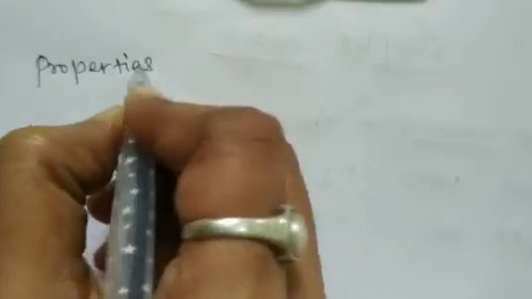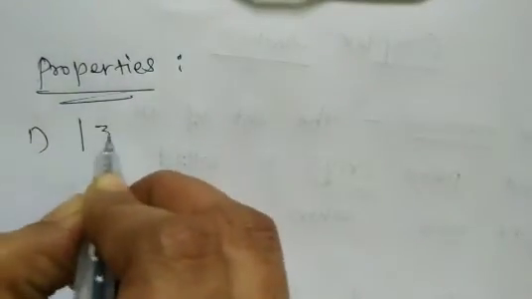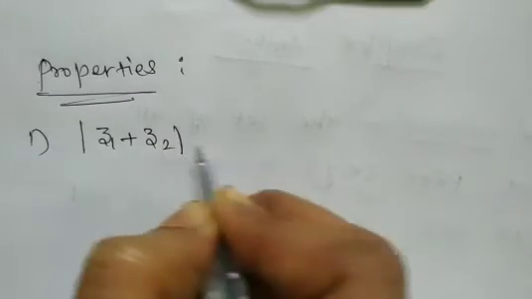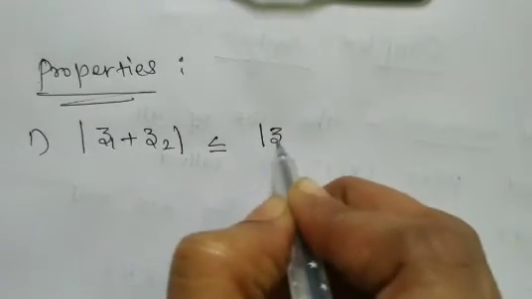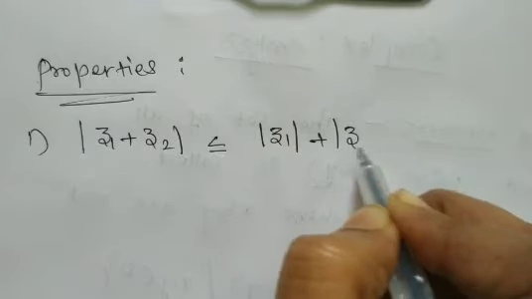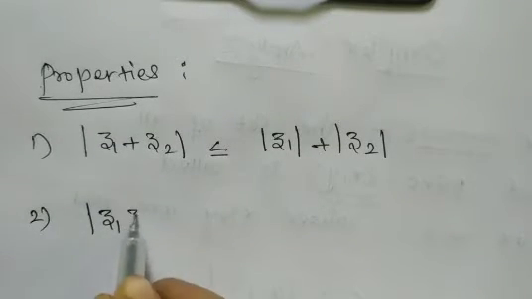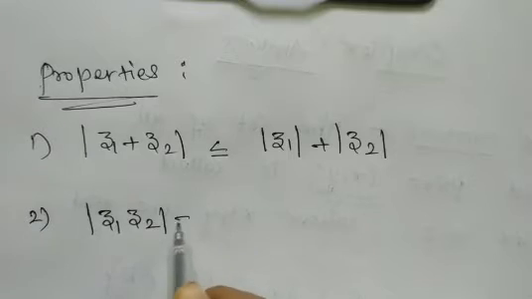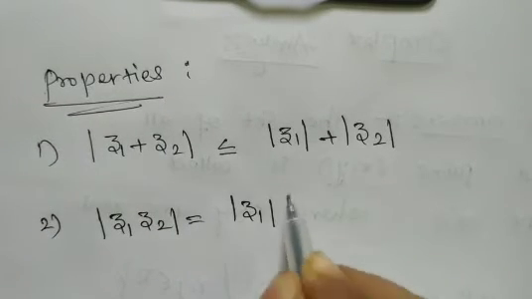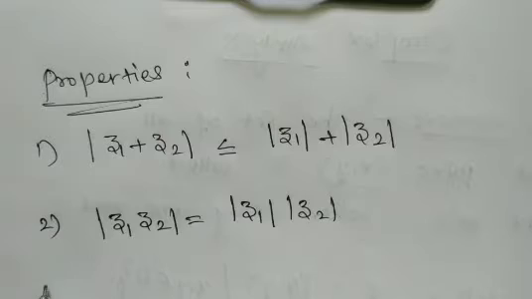Properties. First one, modulus of z1 plus z2 less than or equal to modulus of z1 plus modulus of z2. Next, second one, modulus of z1 into z2 equal to modulus of z1 into modulus of z2.